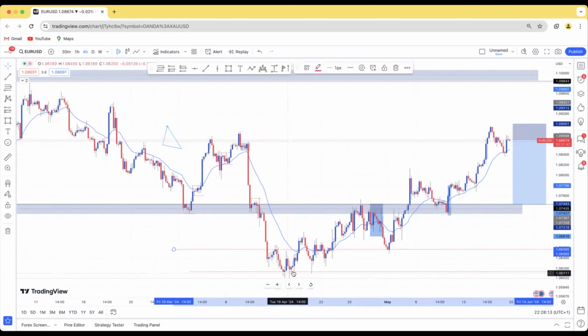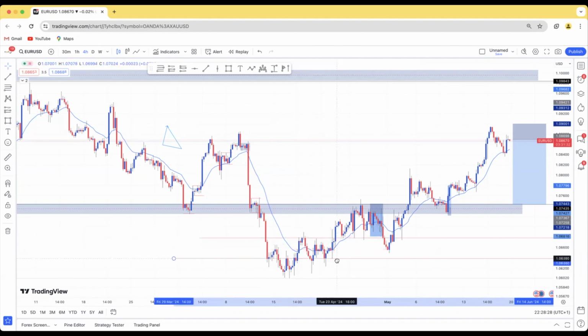Remember, everything here is the same thing. From here, we now had what? A shift in structure, which gave us this high here. The moment we break through this high, we now have a break of structure. So now we have a bullish trend formation. From this low point, we had a break of structure to this high.